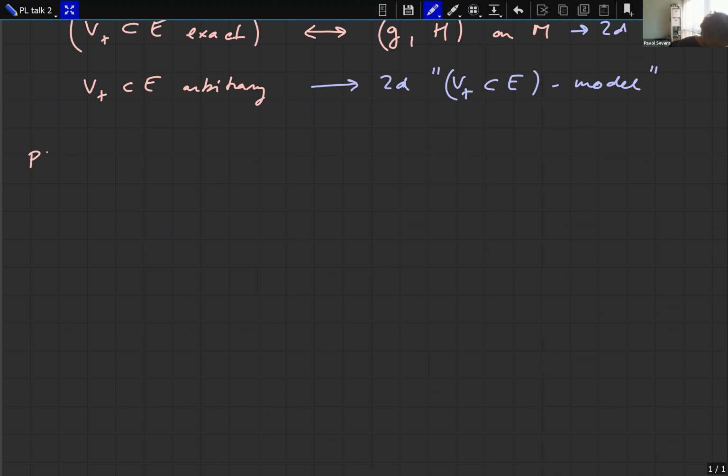So the idea is that we start with a generalized metric in some non-exact Courant algebroid. So we would have something like E over some base, and there is some V plus sitting inside. This is non-exact. It might be just a Lie algebra. That would be a perfect example when M is a point.